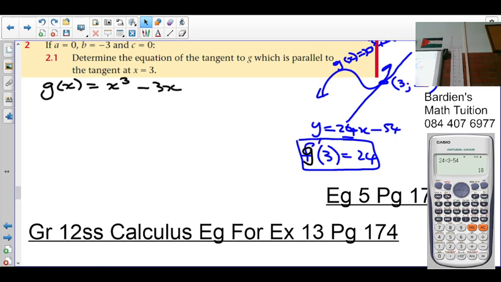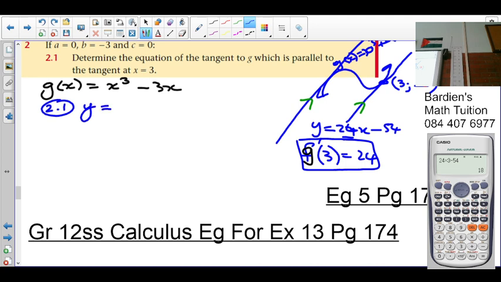So just remember that if lines are parallel, gradients are equal. So with that in mind, you can then say the equation is y is equal to 24x plus c.